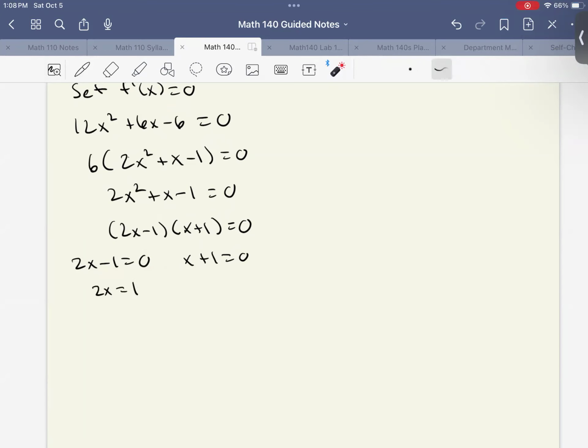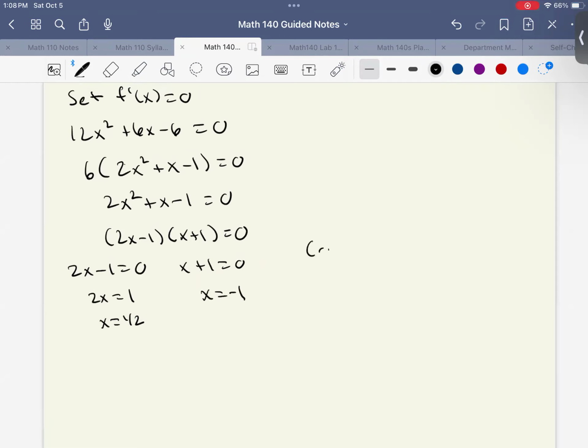And then you divide 2 to both sides, and you should end up with x equals 1/2. And likewise, you can move -1 to both sides, so you can get x equals -1. So our critical values are x equals 1/2 and x equals -1.